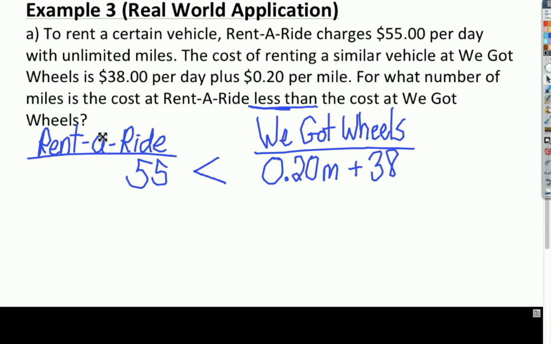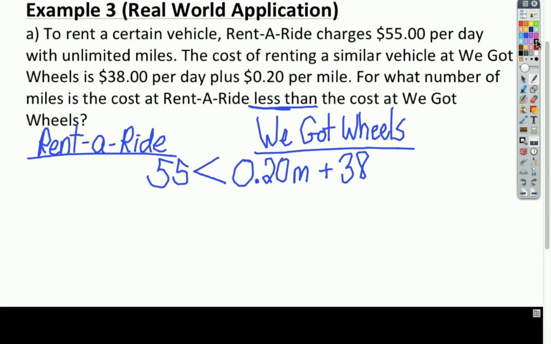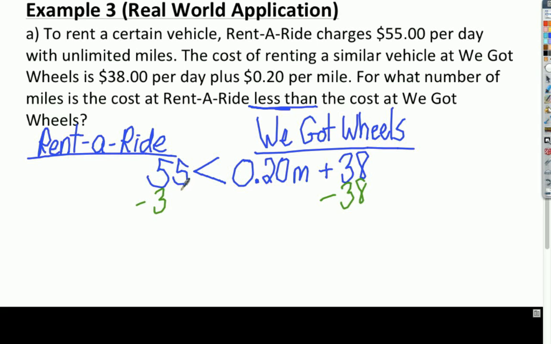Now we've got a beautiful, simple inequality set up that we can solve to find the number of miles. You already are an expert at solving an inequality like this, so you can follow along with me, or some of you are probably already ahead of me.